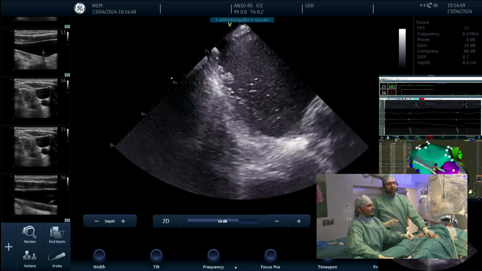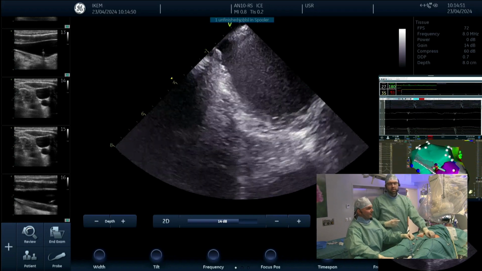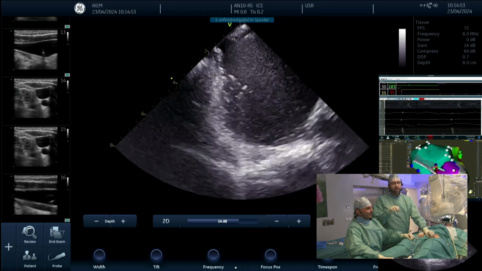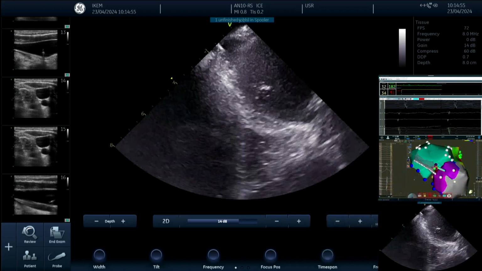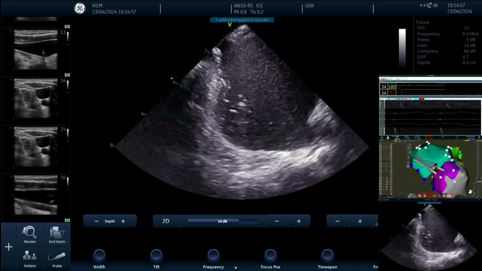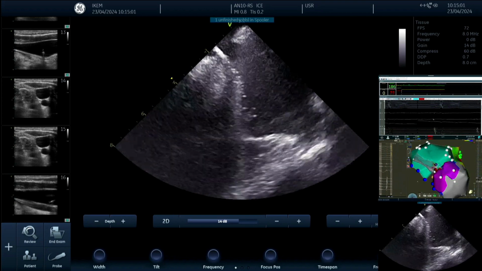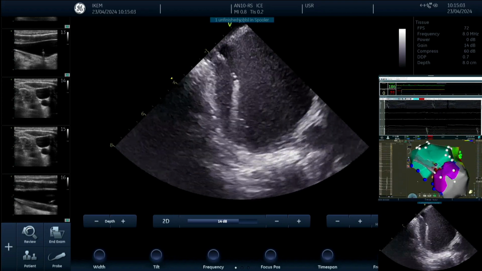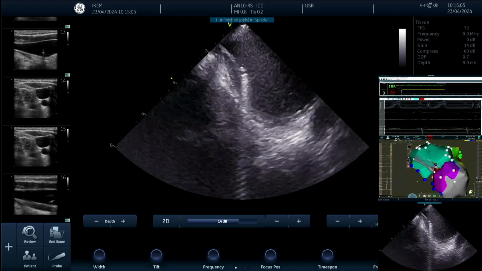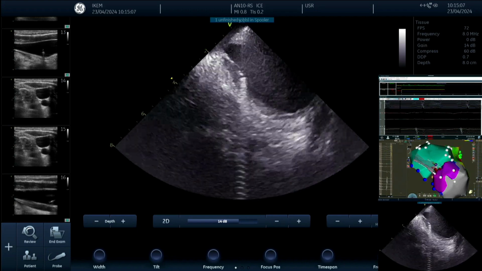Also, one more advantage of using ICE is selecting the right spot for the transseptal puncture. This is also very important. This can save your time and your nerves. Okay, so let's check here, during pacing from CS. I like that, but I think we have to go to the CS on the other side.